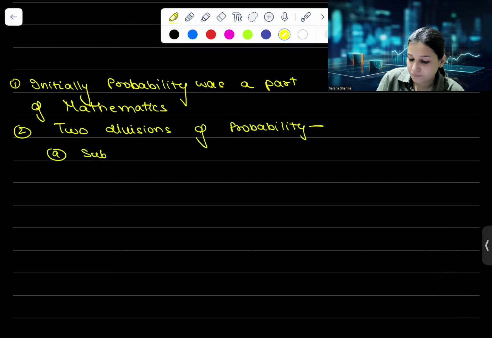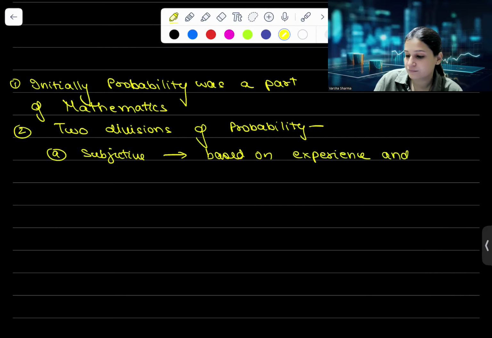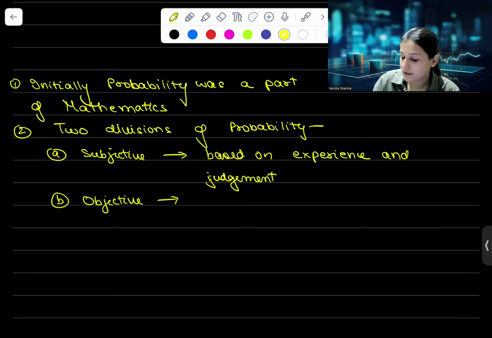Subjective: based on experience and judgment. Objective: based on formulas and techniques.